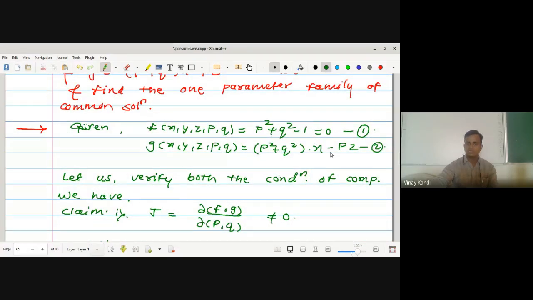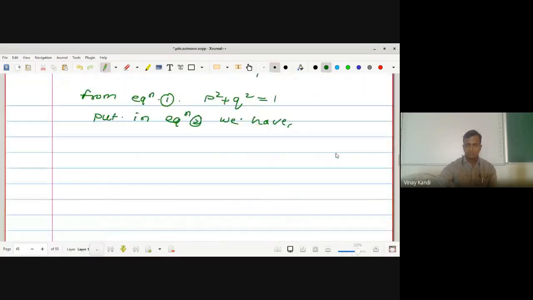So here we get 1 into x minus pz is equal to 0, which implies p is equal to x divided by z. This is equation number 3, and call this the star equation.